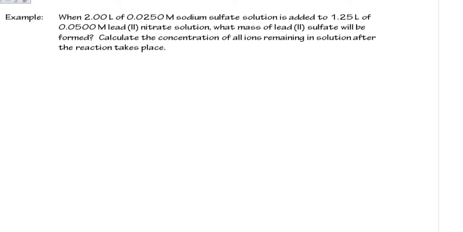Okay, first step, we need the balanced equation. Sodium with sulfate: plus 1, minus 2. I need 2 sodiums. Lead nitrate: lead 2 nitrate. We need 2 nitrates. Okay, let's make the switch.